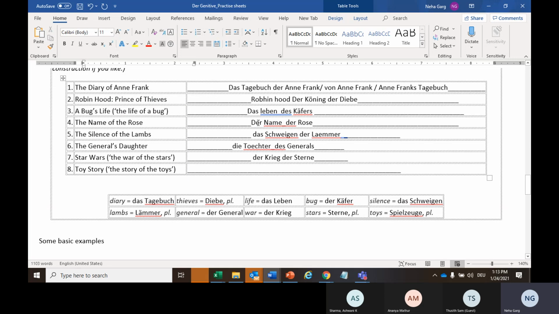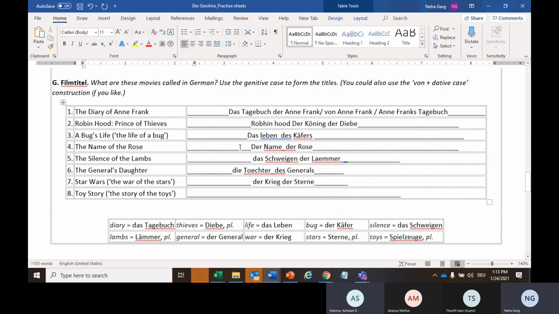Next, the name of the rose. Der Name der Rose. The Silence of the Lambs, das Schweigen der Lämmer. Next, General's daughter.